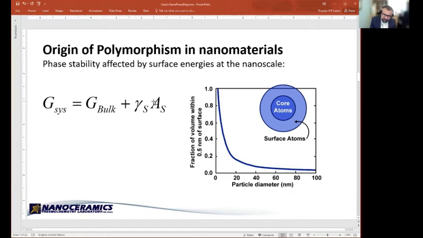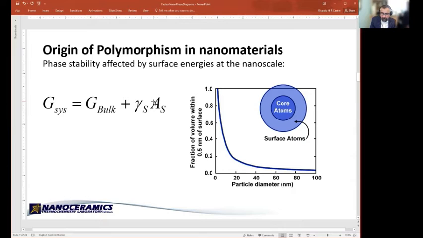But why would it affect the phase stability? The fact is, different crystals will have different bulk structures. That's what we saw in the previous diagram, showing that the free energy of two phases will likely be different. But it also impacts the surfaces and their surface energies. The surface energies of the system will also be equally different.